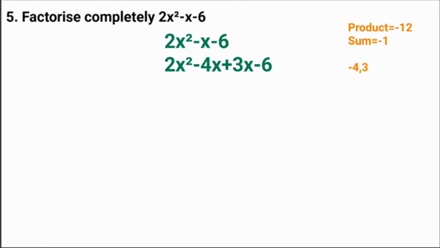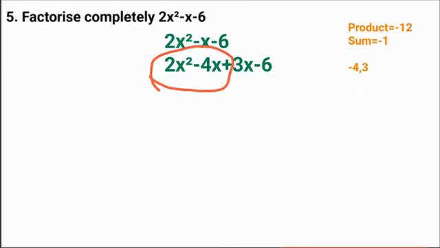Okay, once we've done this, the next thing we're going to do is put these 4 terms in 2 groups. So this will be the first group, which will consist of 2x squared minus 4x. We're going to factorize this group we have circled.